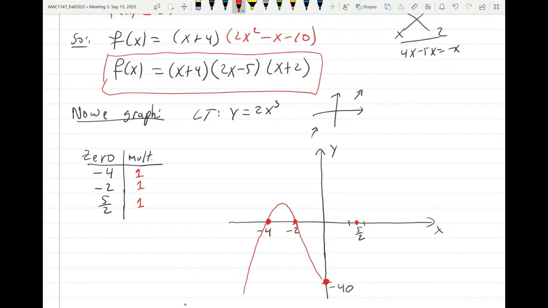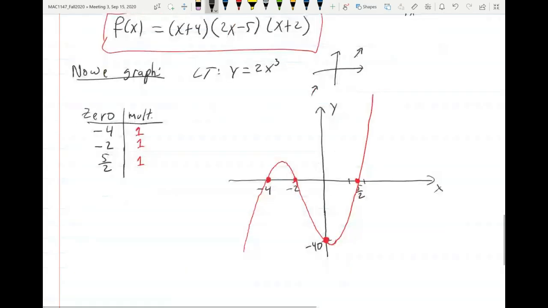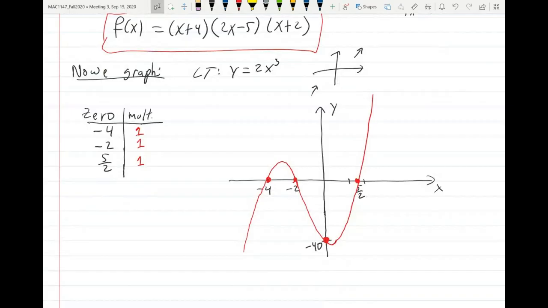We have to go to -40. We need to come back up at some point, and we go through 5/2. And there you go. That's more or less a reasonable sketch of this polynomial. Again, it's not too reasonable because -40 is super far down, so you understand that this goes way more down than what the picture is showing, but the numbers tell you what's happening.